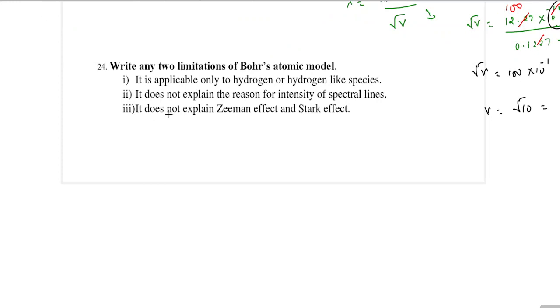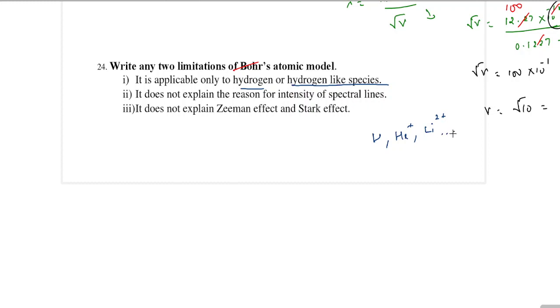24 says write any two limitations of Bohr's atomic model. At least learn 3, because sometimes this could be asked as a 3-mark question. The first limitation is that it is applicable only to hydrogen or hydrogen-like species, for example the hydrogen atom, He plus or Li2 plus.